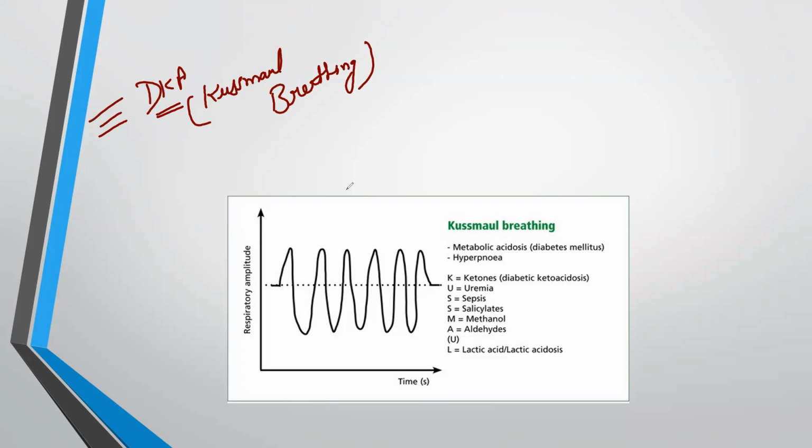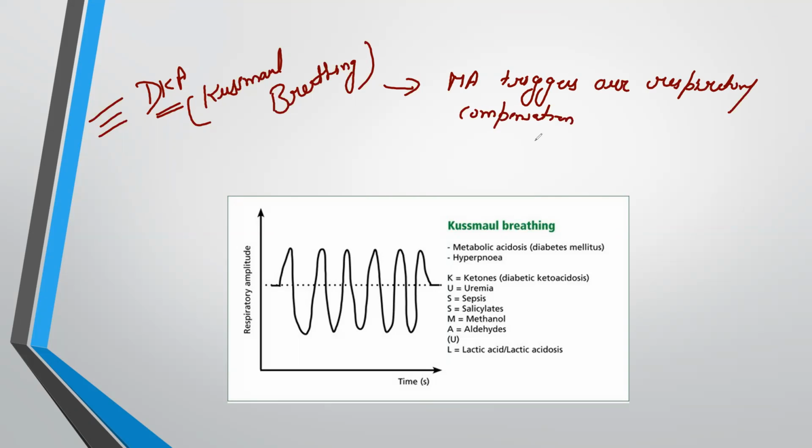You can see here how this occurs: because metabolic acidosis triggers respiratory compensation in the form of Kussmaul breathing.